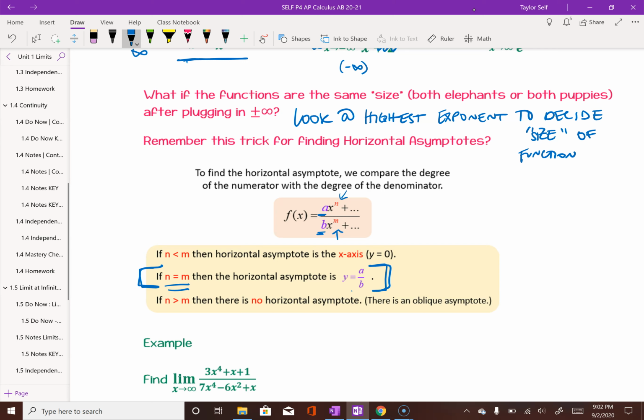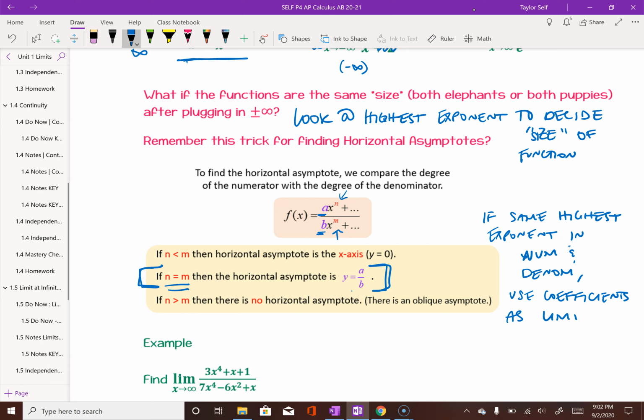So I would write, if same highest exponent, write this down: if the same highest exponent in numerator and denominator, then you're going to use the coefficients as the limit as x approaches plus or minus infinity.